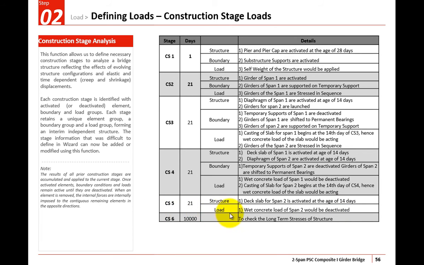And at the end of CS5 our construction process would be completed. Then in CS6 we'll simulate the whole bridge for 10,000 days to accommodate for the long-term stresses due to the time dependent effects. So these are all the construction stages that we're going to define in the subsequent steps.